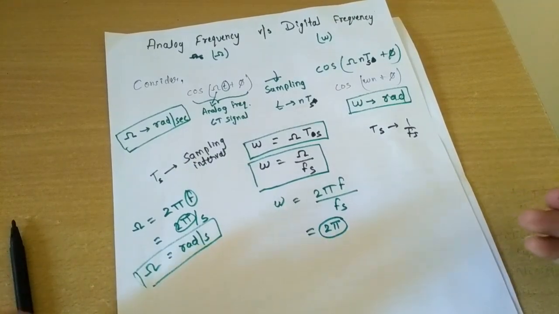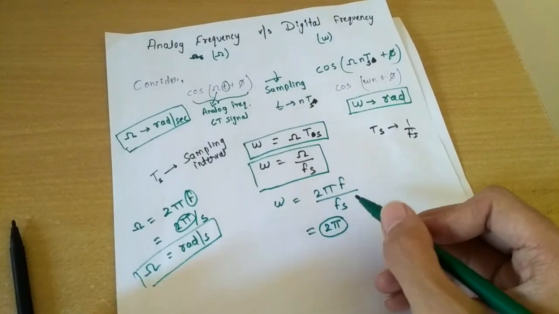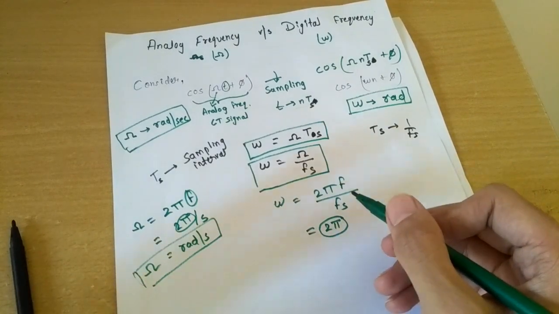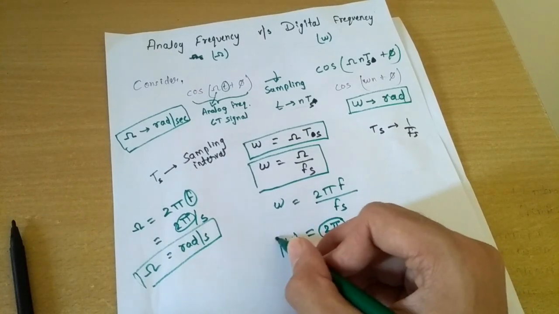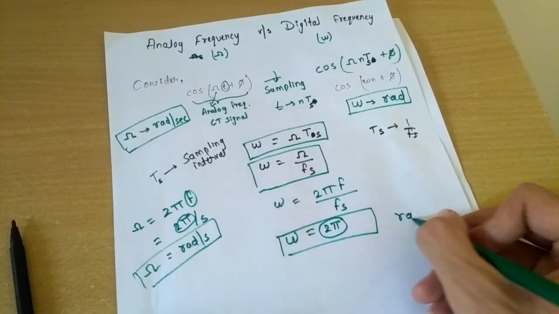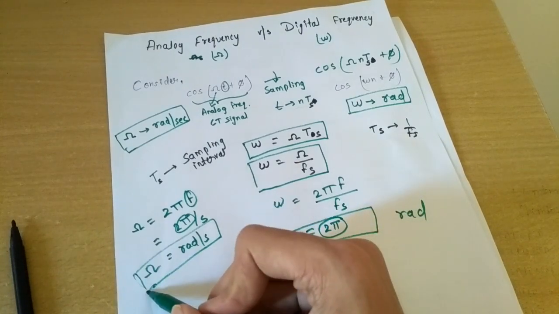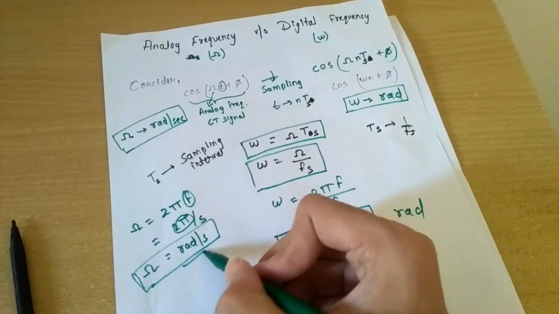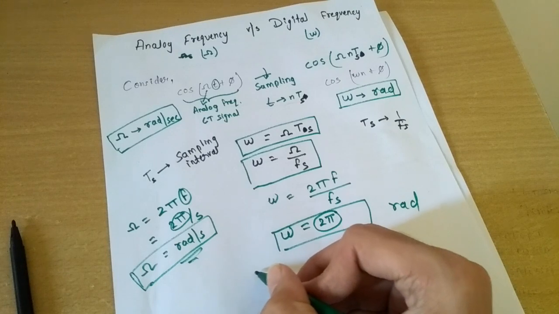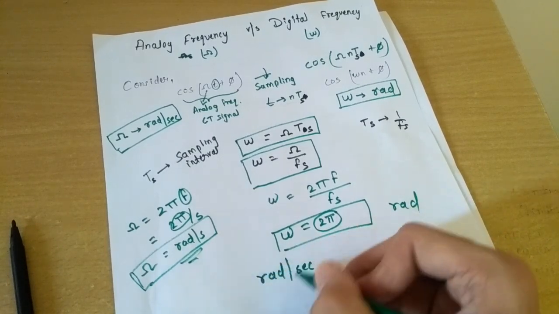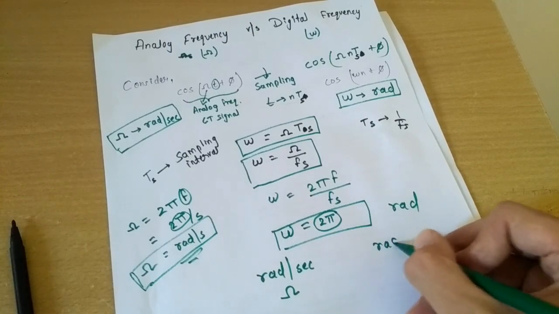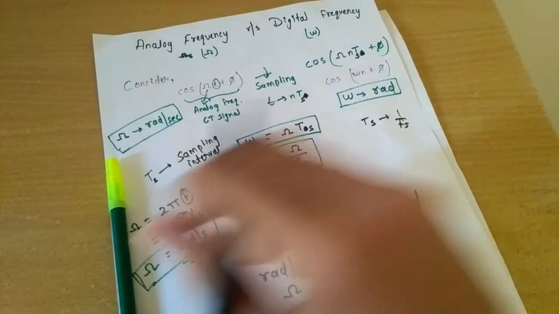So it is actually dimensionless, but 2π has the dimension radian, that is angle. So the dimension of ω is nothing but radian, while the dimension of analog frequency Ω is radian per second. So we have an important point: this is for Ω and this is for this ω.